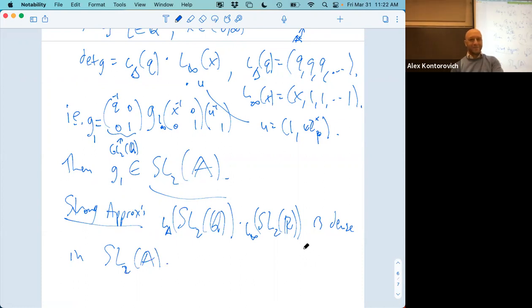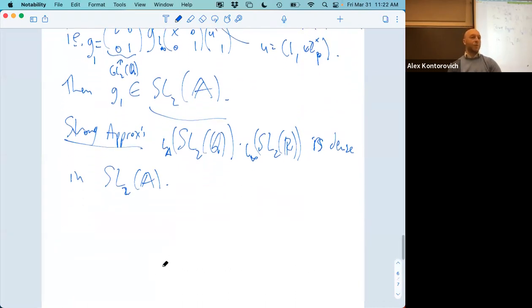The topology for SL2A is the restricted topology of the Adeles. Okay, let's see why that's true. So this is the theorem: strong approximation theorem. Proof.